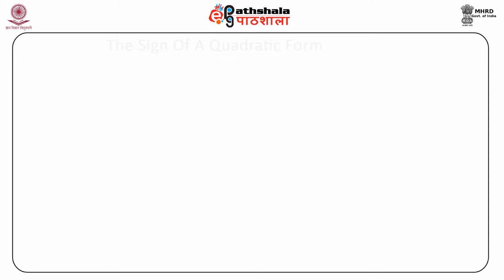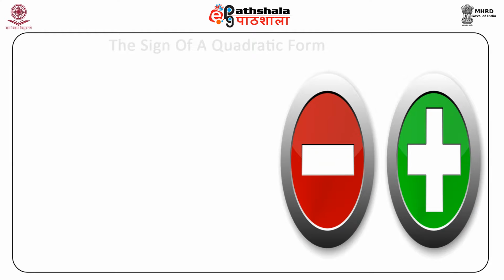Now we will be discussing the sign of a quadratic form. Just like any ordinary function, it is possible to determine whether a given quadratic form is positive, negative, or indefinite. A quadratic form Q is said to be positive or negative definite if Q is positive or negative for all points in the domain except at the origin.